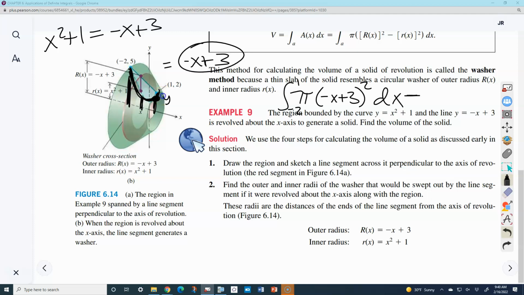And the y-coordinate of that parabola, as far as x is concerned, is x squared plus 1. That's the radius of that smaller solid inside there that's getting cut out. So it's the integral, again, from negative 2 to 1 of pi times x squared plus 1 squared dx.